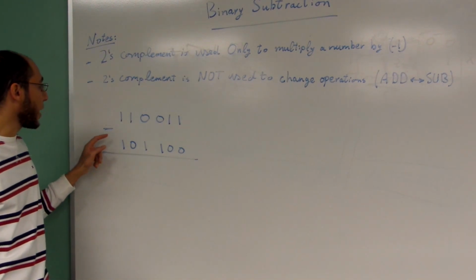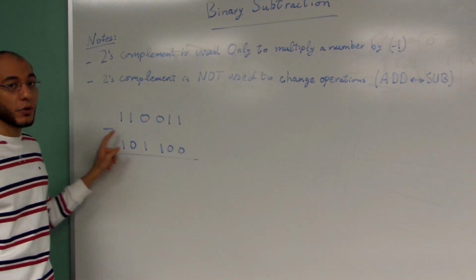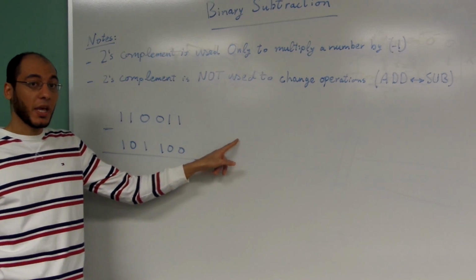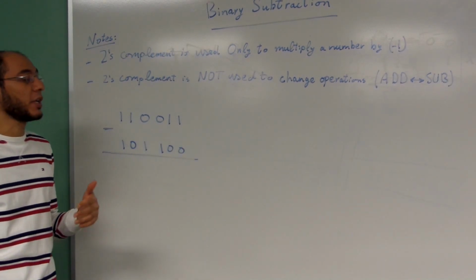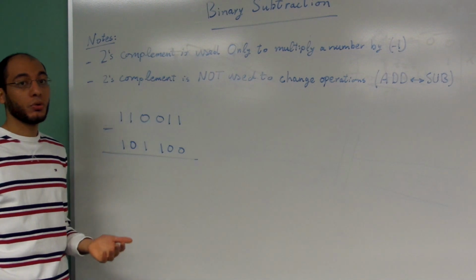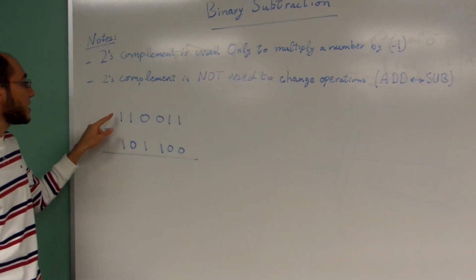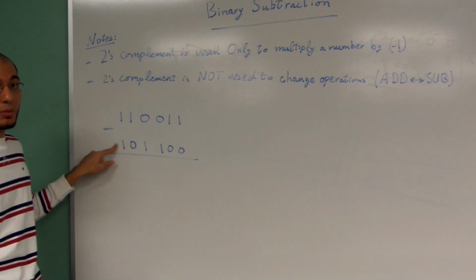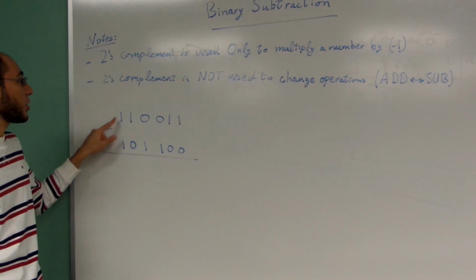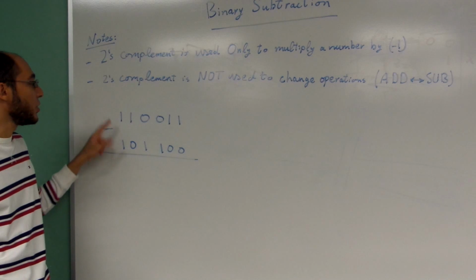We know that whenever we have a subtraction, we need to convert it first to an addition, and then convert the number that is multiplied by -1 to a 2's complement form. Not because this is a negative number and this is a negative number do you take the 2's complement.